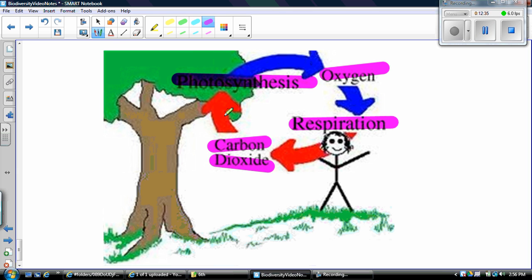So they take up that carbon dioxide, make their own sugar, and a waste product of photosynthesis is oxygen that plants release out into the atmosphere, which is what we need. So living things, humans and plants, and besides humans, it's other animals too, cycle oxygen and carbon dioxide here on Earth through the processes of cellular respiration and photosynthesis.